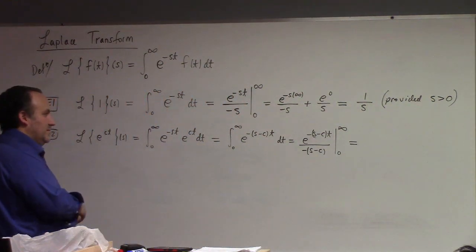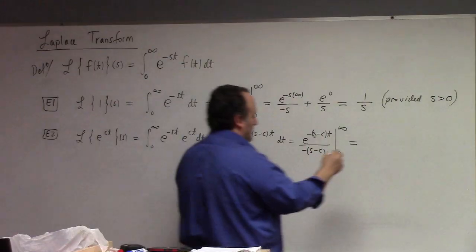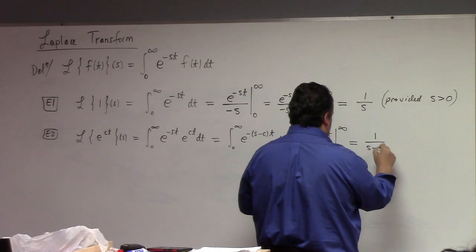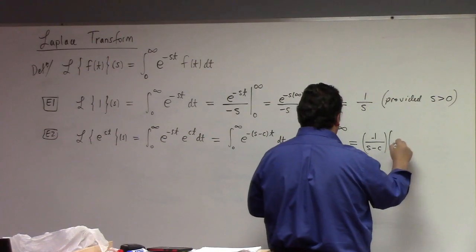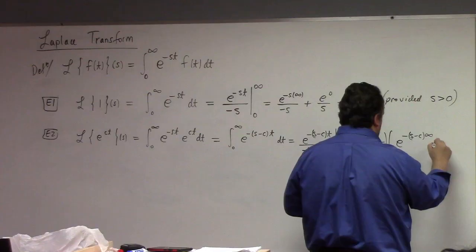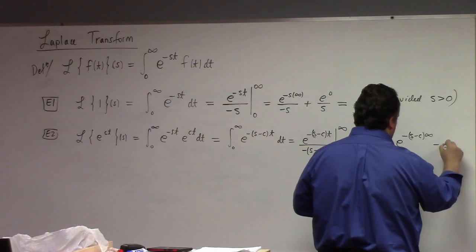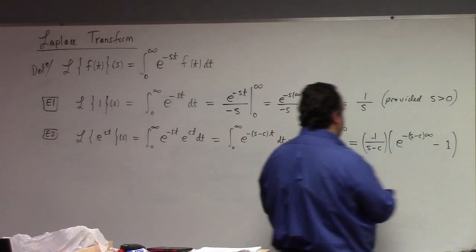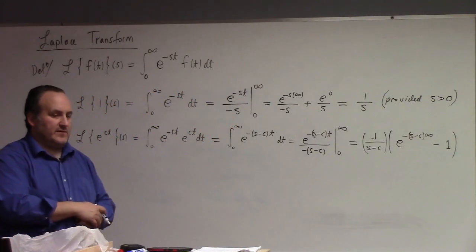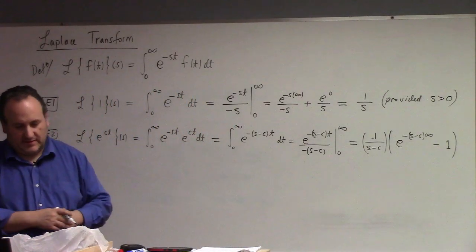Again, I'll leave the 1 over s minus c out front. And we'll have like e to the minus s minus c times infinity minus 1. So in order for that to converge, what condition do we need on s as it relates to c?